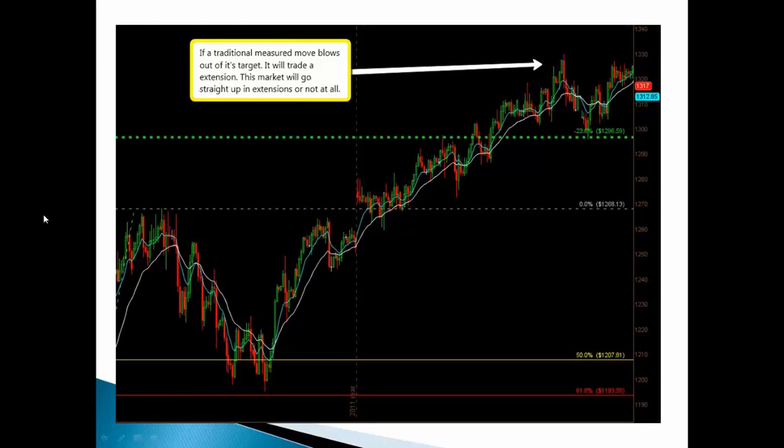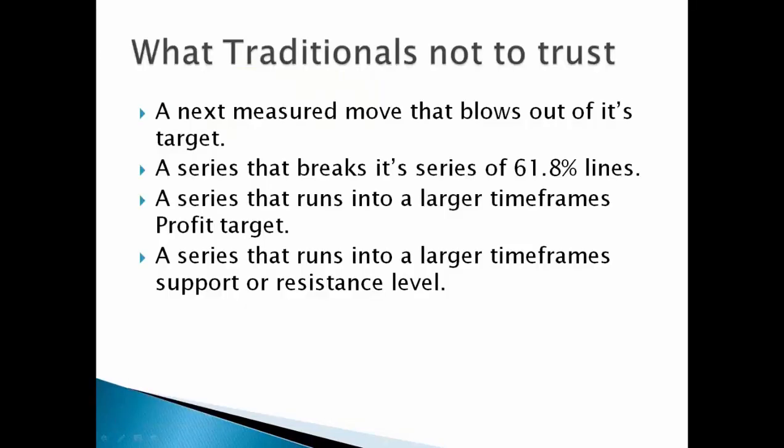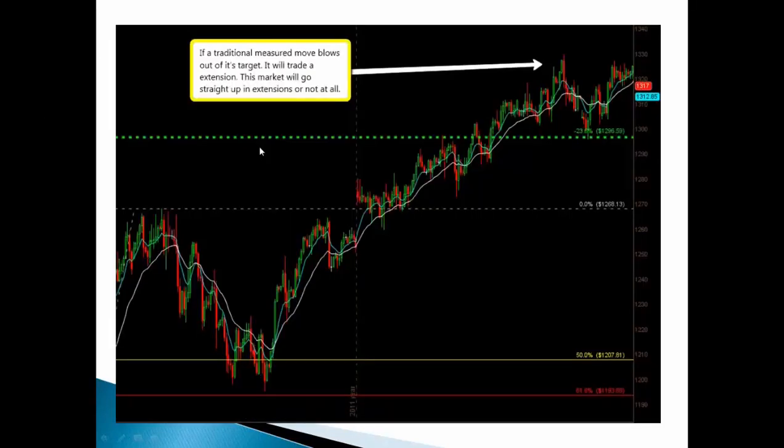If an extension fails, you can no longer trust the next traditional measured move with a limit order. If an extension has failed, if it blows out of its target, the new traditional measured move, if it trades into a pullback, cannot be trusted with a limit order because the extension has failed.